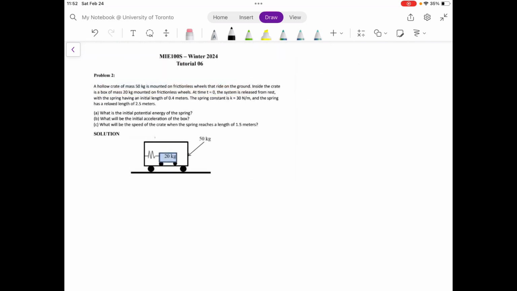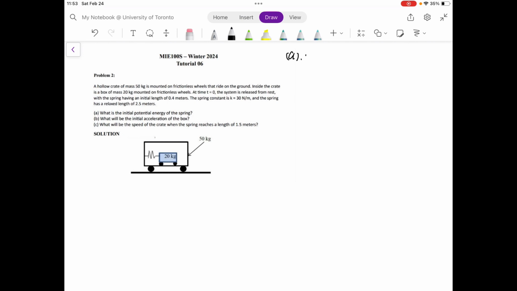Question number 2. A spring has an initial length of 0.4 meters and a relaxed length of 2.5 meters. So the energy of this whole system comes from the elastic potential energy of the spring. So what is the initial potential energy of the spring?